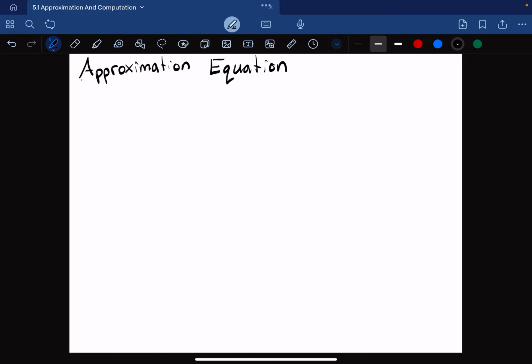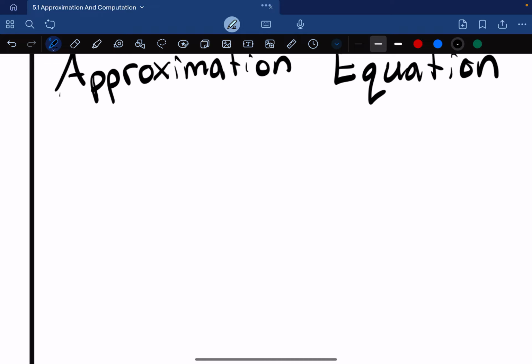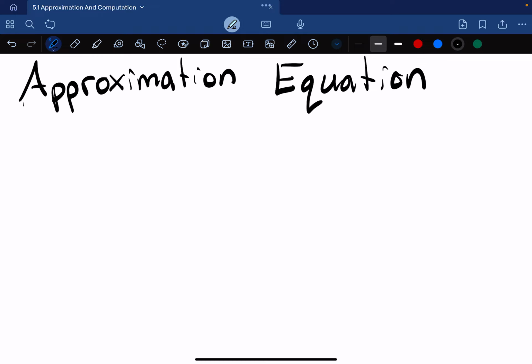Now we're going to put all of it together to get an approximation equation. And that equation is A of n. Now, mind you, this A is always going to be replaced with R, L, or M, depending on which approximation you're doing.